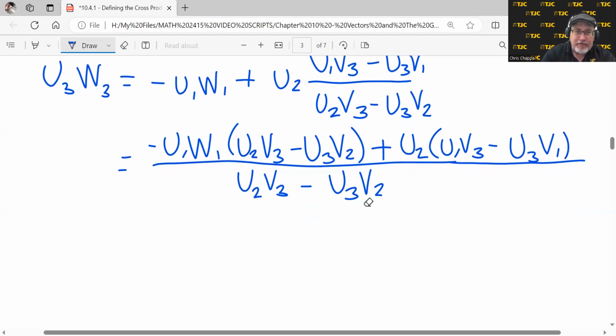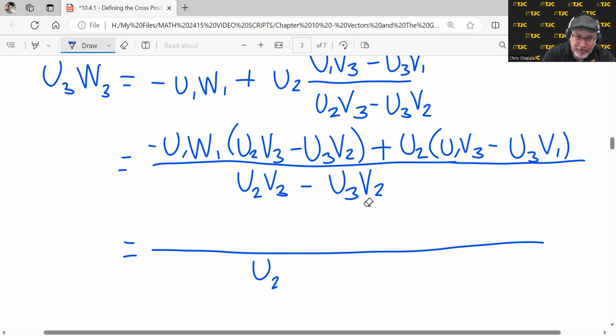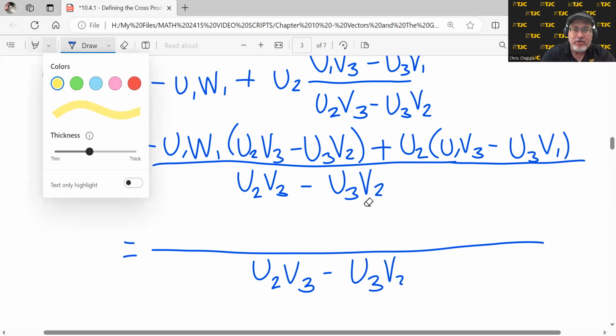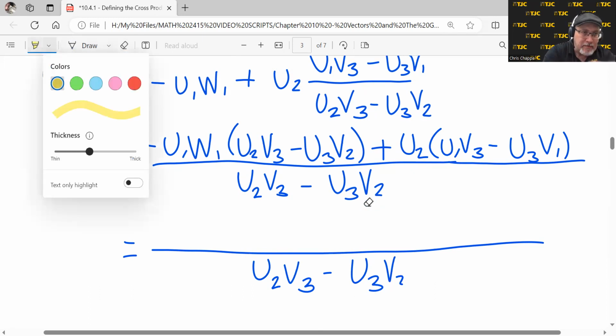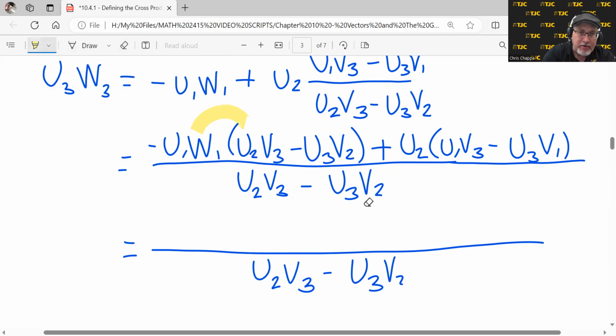All right, let's get this simplified. Here's our denominator, U2 V3 minus U3 V2. And on the numerator, we just have to do some distributions. Distribute here and there, and also over here. So we're going to do the distributions over there.